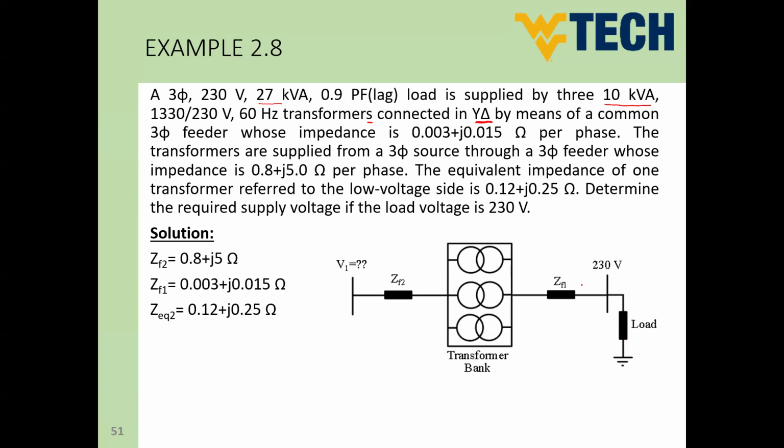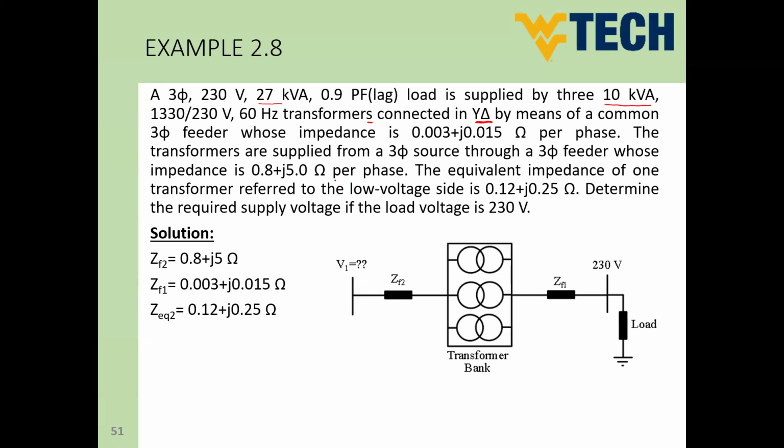And this impedance is this value right here. Then the transformers are supplied from a three-phase source through a three-phase feeder. So we have another feeder between the supply and the transformer. So here is our supply, and this is our transformer bank, and we have a feeder in between. And he gave the value of the impedance.